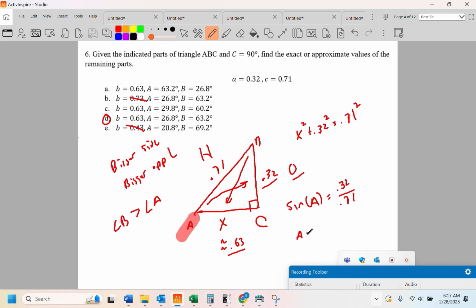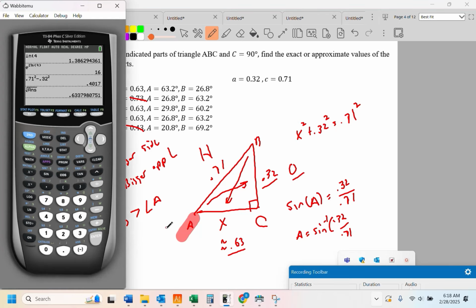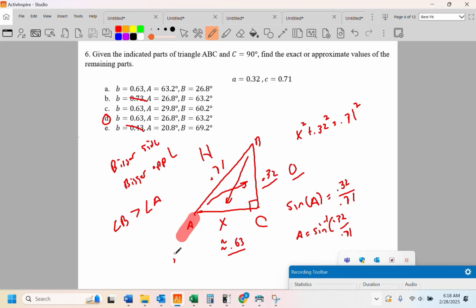That means that A is the arc sine of 0.32 over 0.71. And then I can go pushing buttons. Put my TI-84 in degree mode. Arc sine 0.32, sitting pretty over 0.71, 26.78 degrees. So, right choice was made.